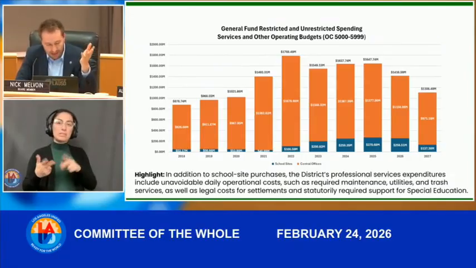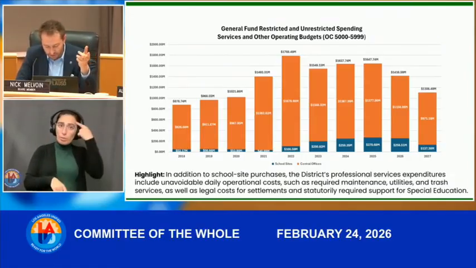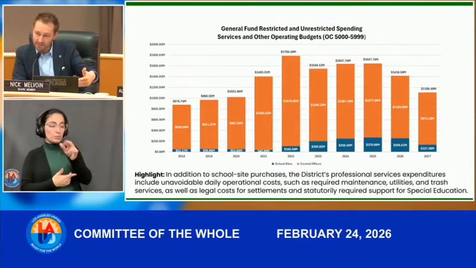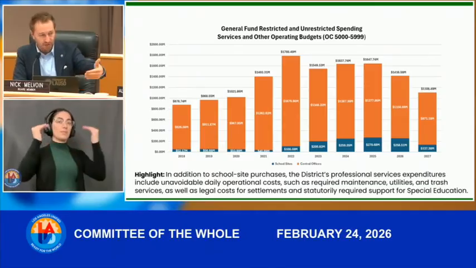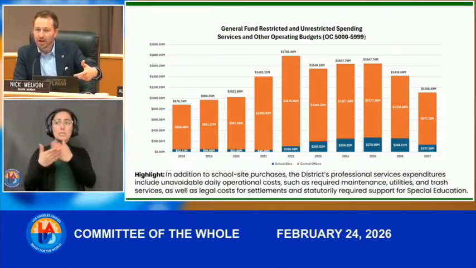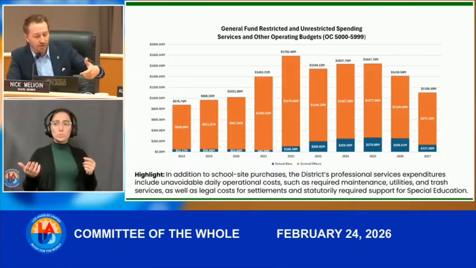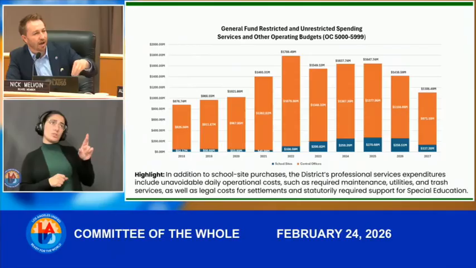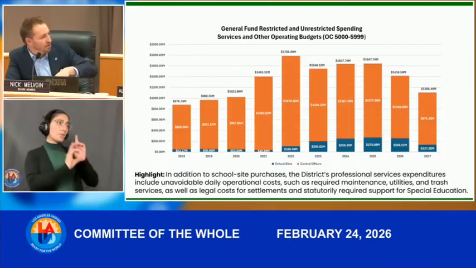I also echo Ms. Griego's call for that next level of data with special ed. And actually I have a question for Dr. Estrada. In our district, are BIIs required to do any training?